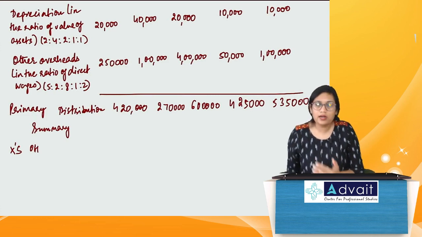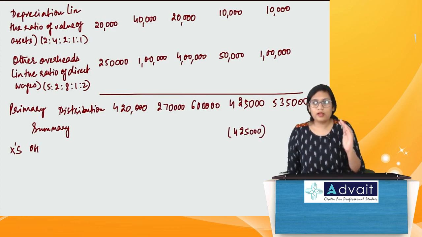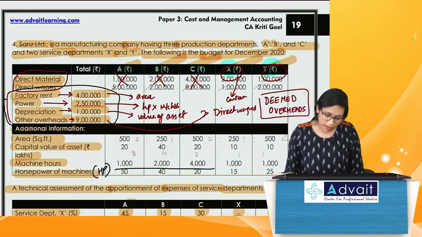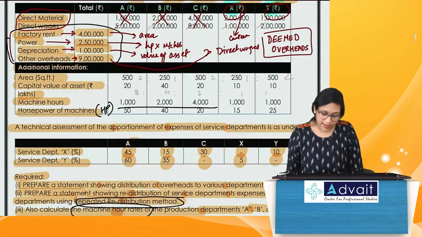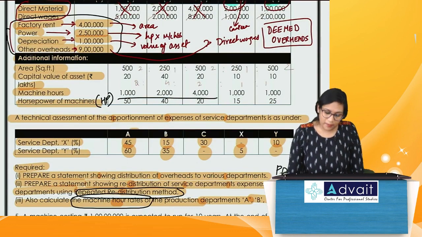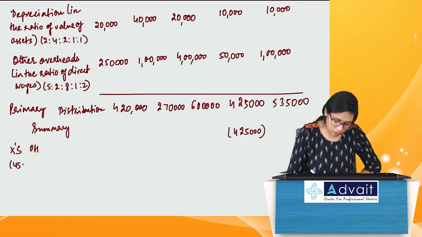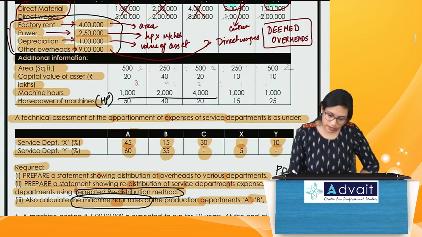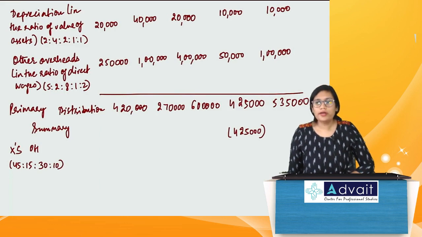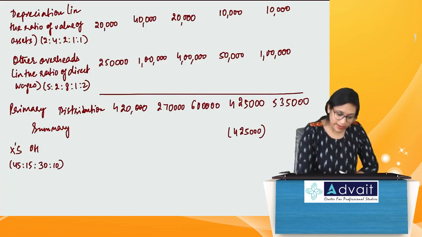What is the balance under X? Balance is 425. So we will divide this balance amongst all the other departments. Guys, in what ratio will we be dividing it? X is giving its portion of overheads to A, B, C and Y in the ratio of 45 is to 15 is to 30 is to 10. Am I right? So now divide this 4,25,000 in this ratio.